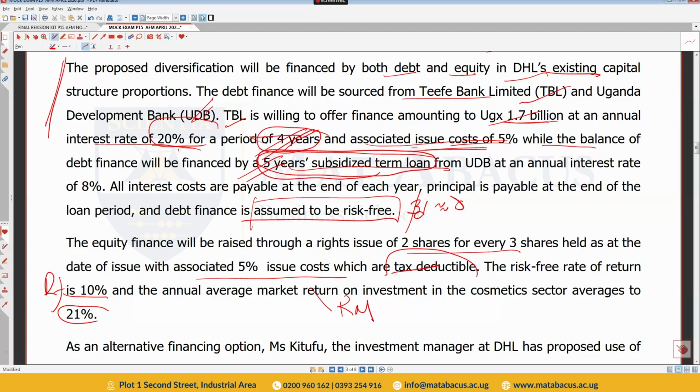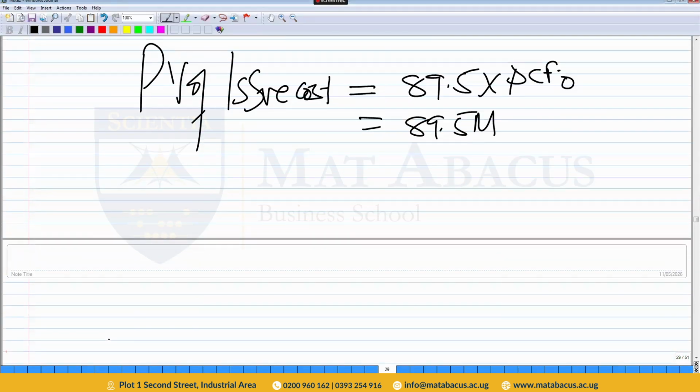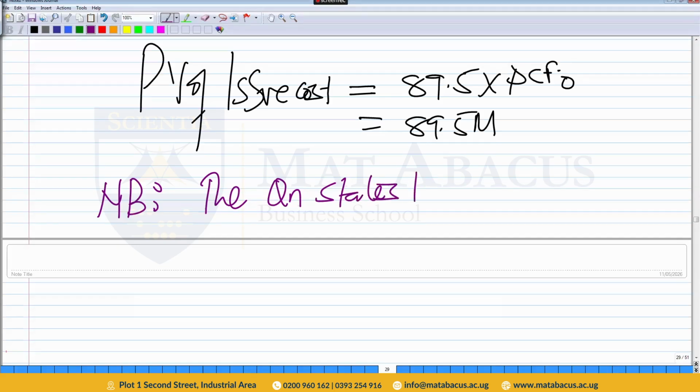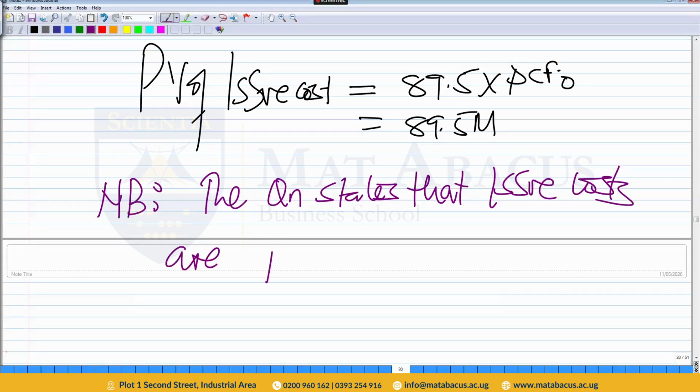Therefore, just for the follow-up, I can put here NB. The question states that issue costs are tax deductible.